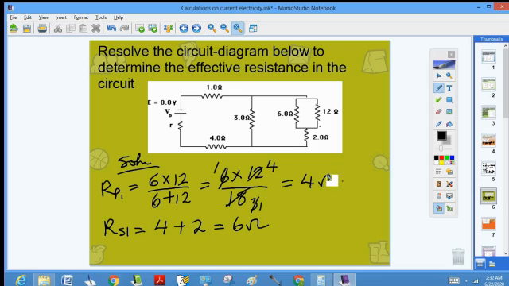Combining it with this, that will be in parallel. These two now are in parallel.